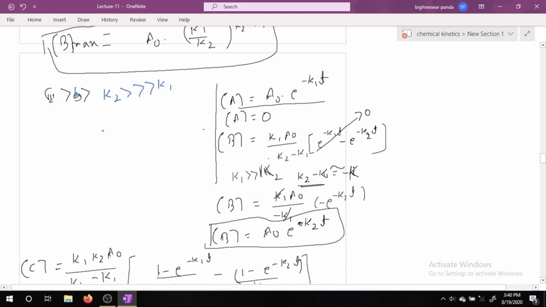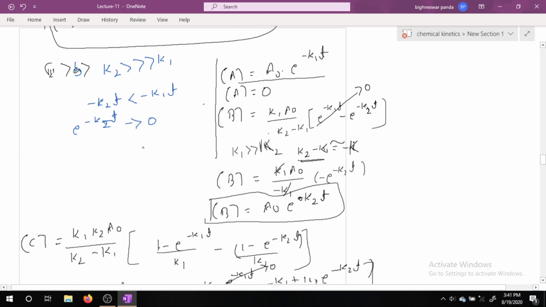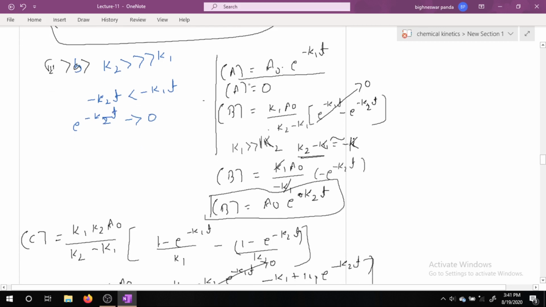That means here I can write that the concentration of A will be equal to A naught into e to the power minus k1t, and for B we have concentration tends to 0, since e to the power minus k2t tends to 0.